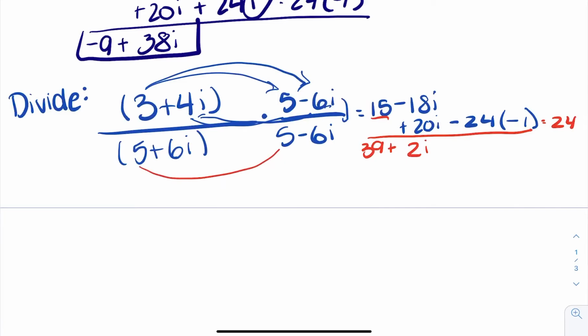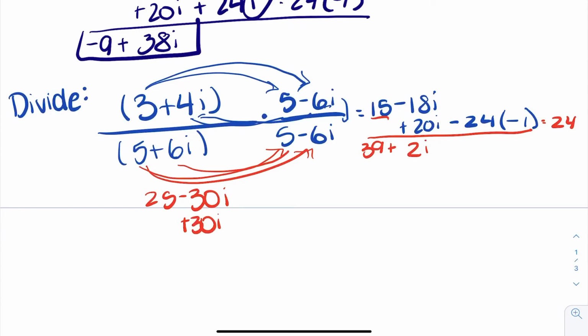So you're going to have 25 minus 30i, and then you're going to have a positive 30i. And that's what taking the conjugate does. It basically cancels out the i in the denominator because you don't want a square root in the denominator.